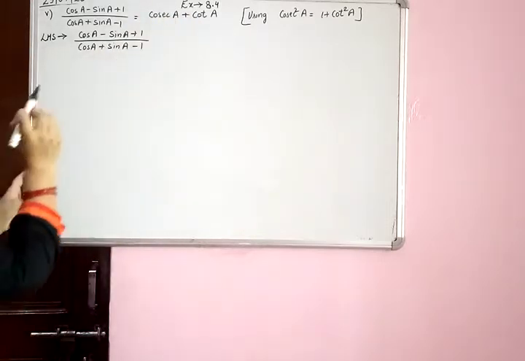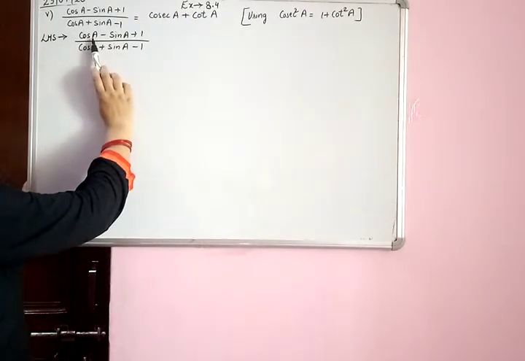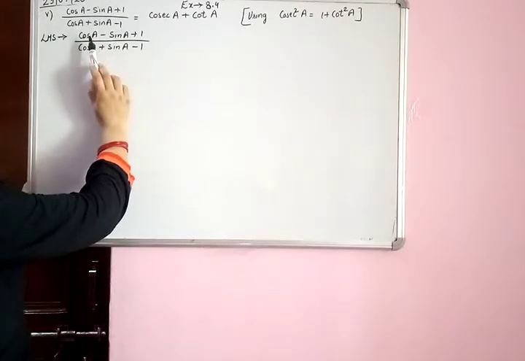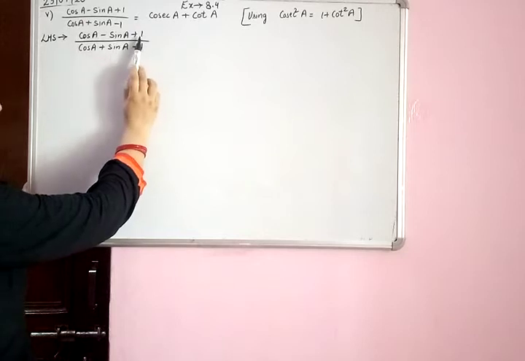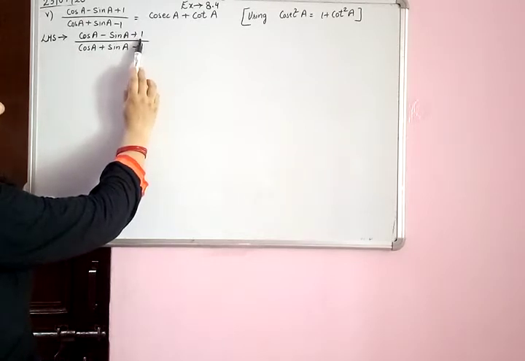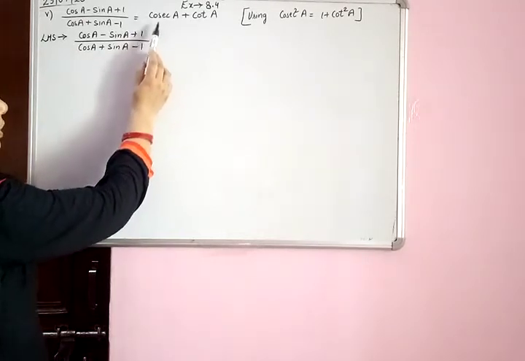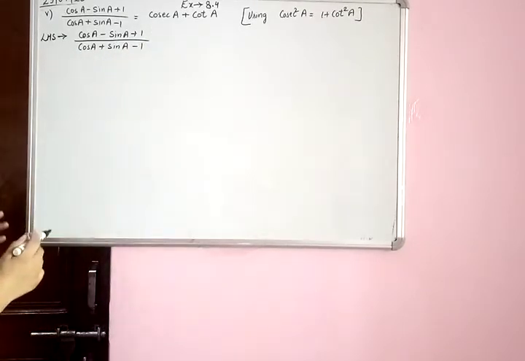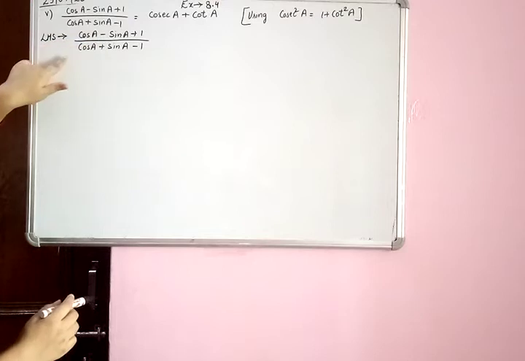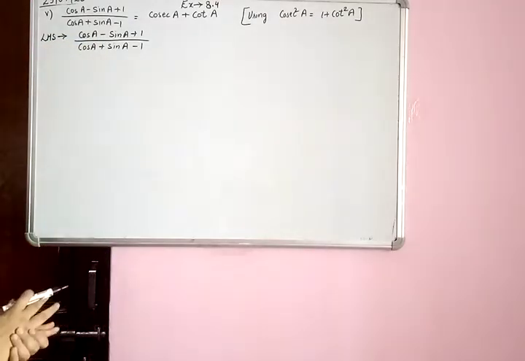If I divide cos A by sin A, then we know that cos A upon sin A is cot A. Similarly, if we divide 1 by sin A, then we can get cosec A, because 1 upon sin A is cosec A.